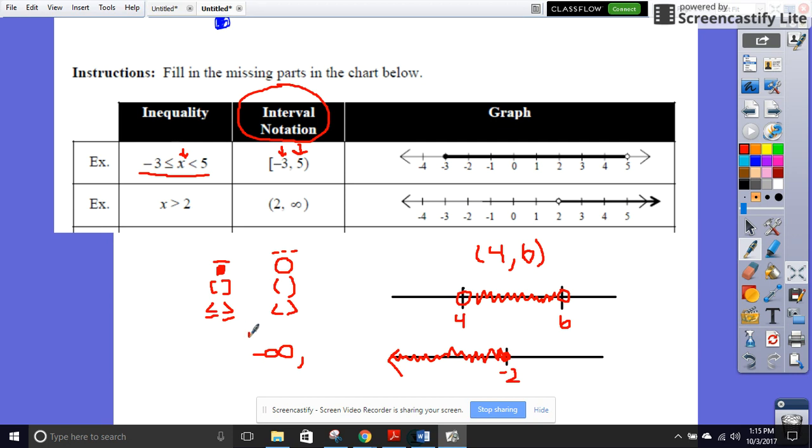Remember, infinity always gets a parentheses. Then the second number is the stopping place. Well, where did this shading section stop? It stopped at -2. Okay. Now we have to decide if it should be a bracket or a parentheses. It is colored in, so it should be a bracket.